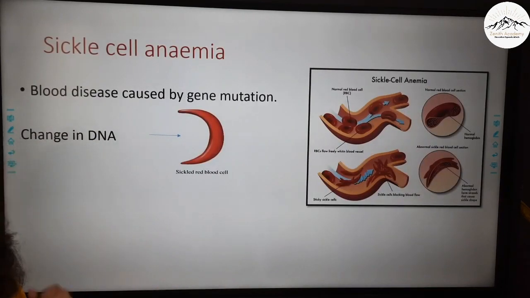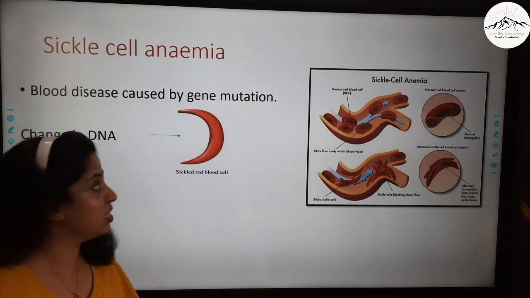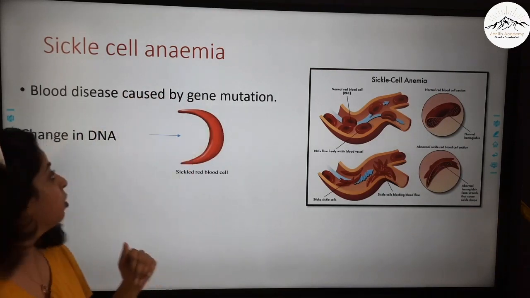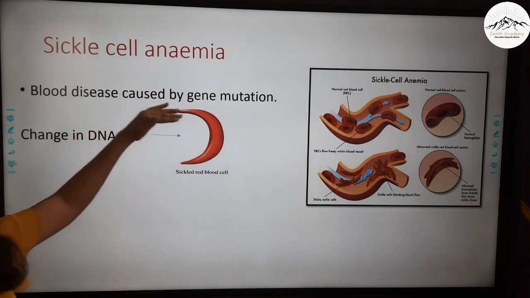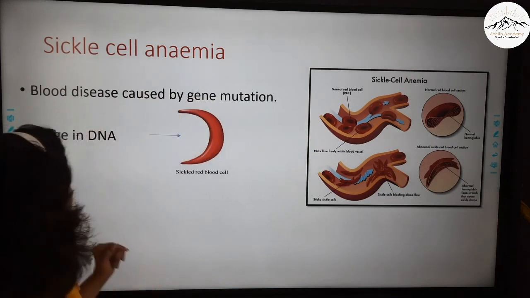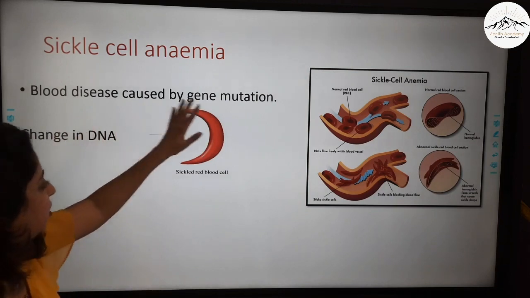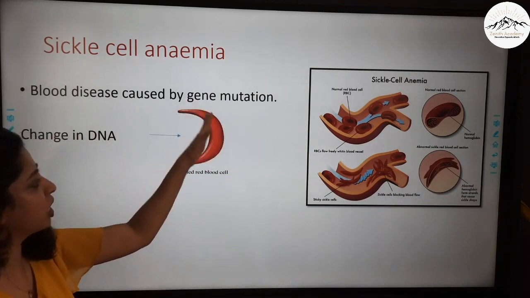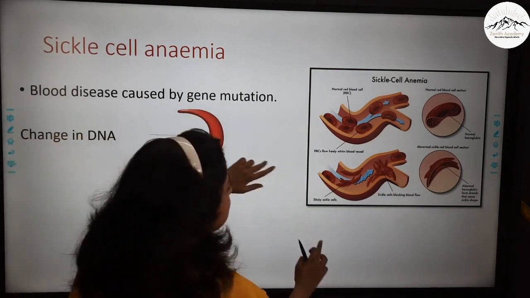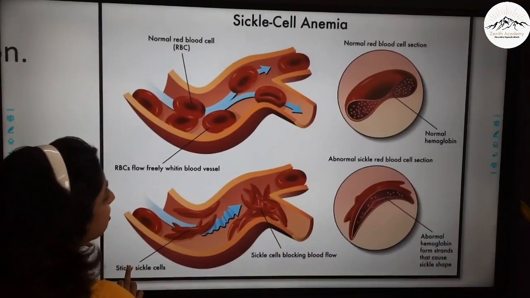Now, under mutation, we have a disease known as sickle cell anemia. This is a blood disease which is caused by gene mutation. Here there is a change in DNA, and because of that, the red blood cell becomes sickle shaped. Here you can see what happens in sickle cell anemia.